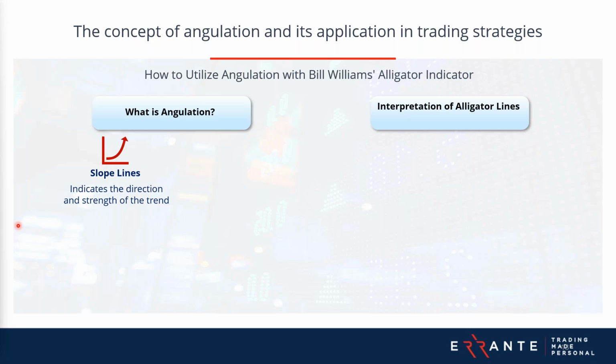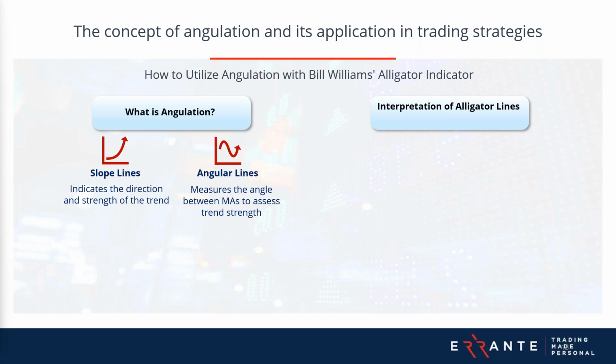Monitor these slopes to gauge the trend's momentum. And the next one is angular lines. Angulation measures the angle between these moving averages. Larger angles indicate stronger trends, while smaller angles suggest weaker trends or consolidation.